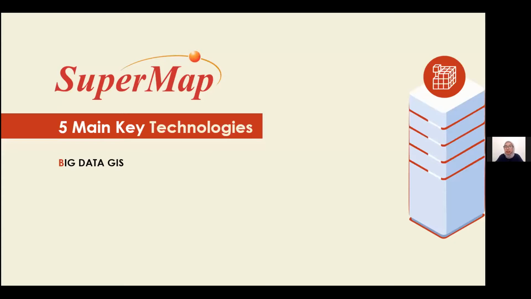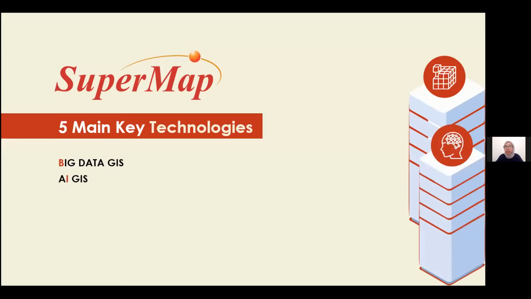And the second one is AI GIS, or artificial intelligence and GIS integration. In SuperMap itself, the AI technology mainly provides three functions: the GeoAI, AI for GIS, and also the GIS for AI. And this will be the main topic of the webinar today, and I will give you more explanation about this in the next session.